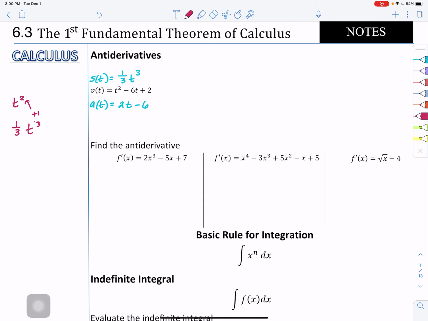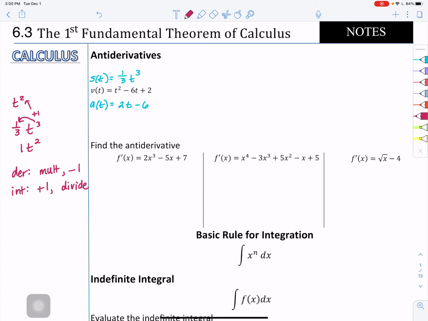So that when I take the derivative, 1/3 times 3 is 1, t, take 1 away. So when we take the derivative of a function, we multiply, and subtract 1. When we integrate, we add 1 and we divide.